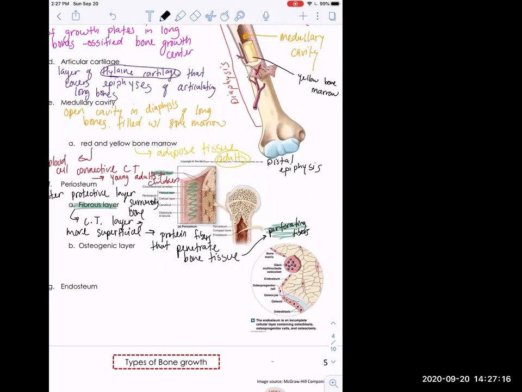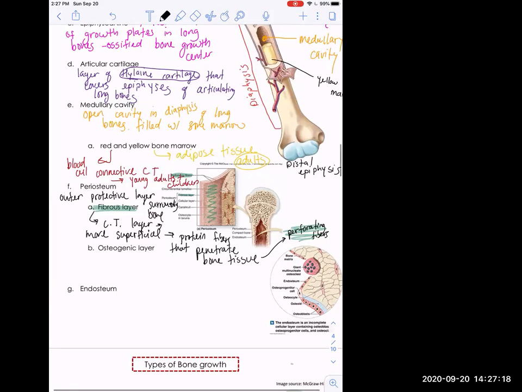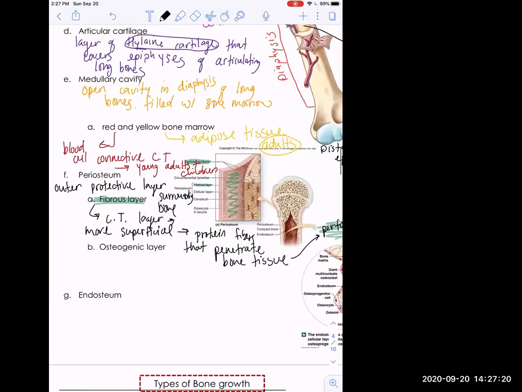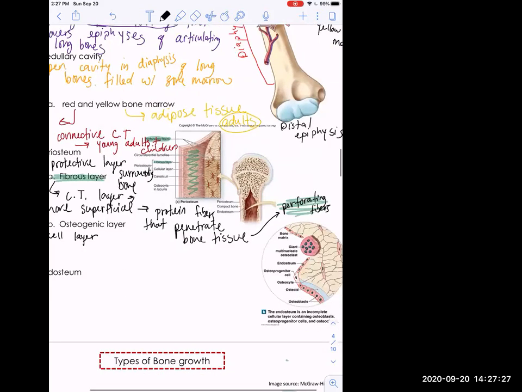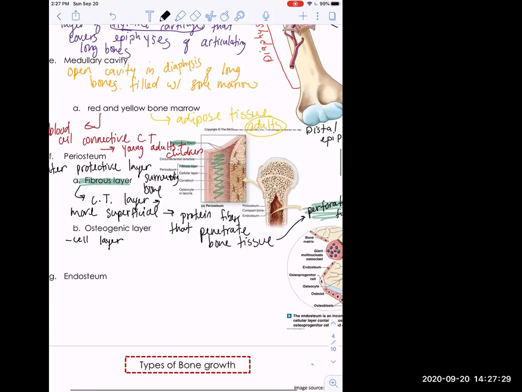The second layer is called an osteogenic layer. Okay. This is a cell layer. The osteogenic layer is a cellular layer consisting of osteoblasts. It's a layer of osteoblast and osteoprogenitor cells.